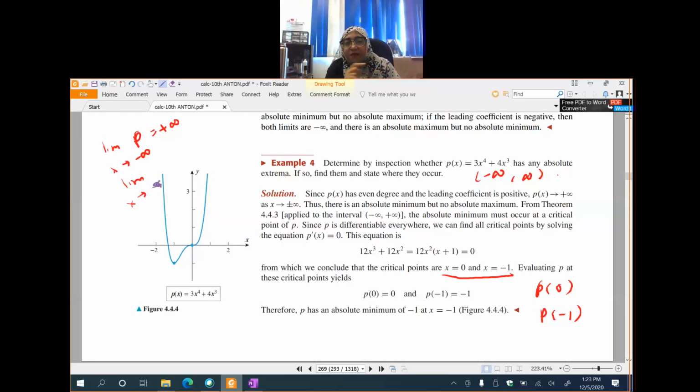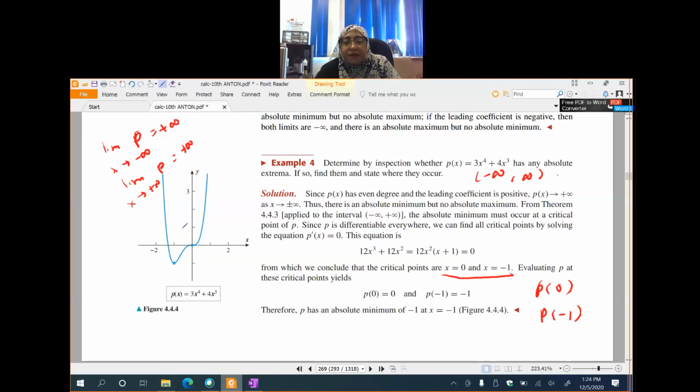And the limit as x tends to positive infinity for p will also give you plus infinity. Both go up from the negative side and from the positive side.